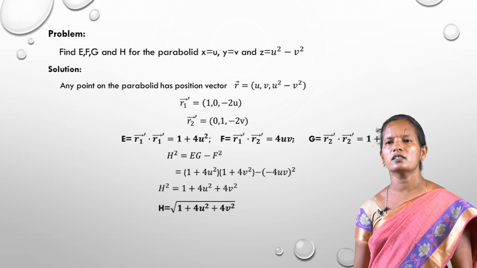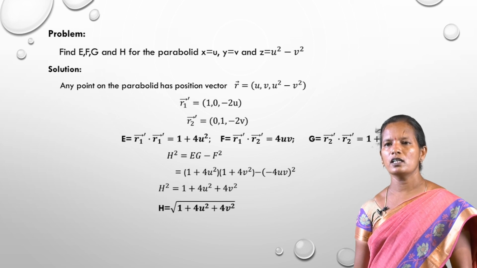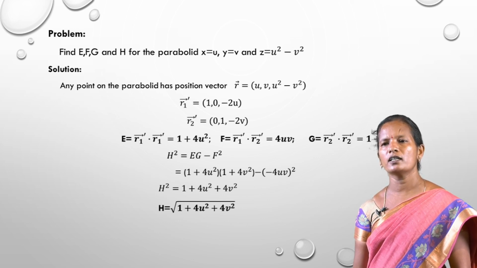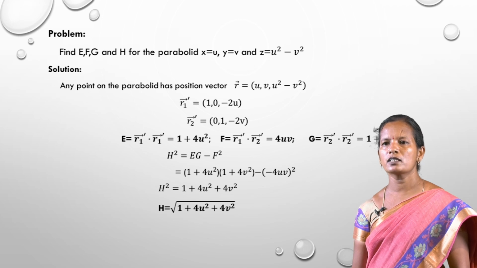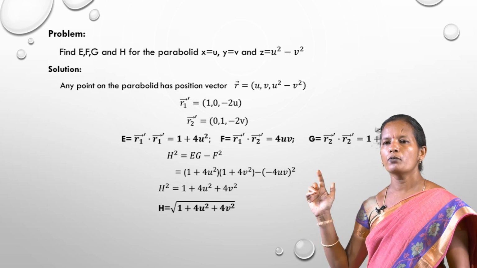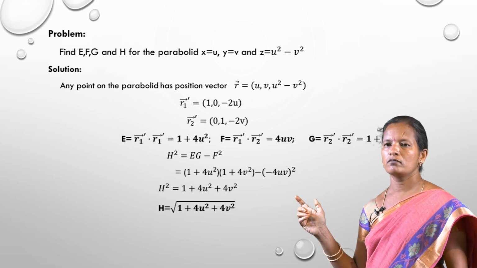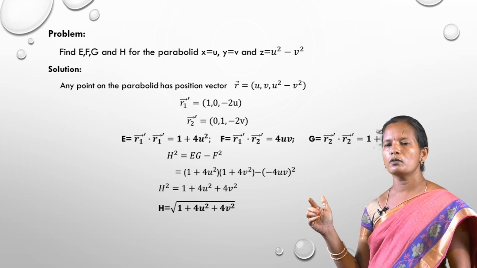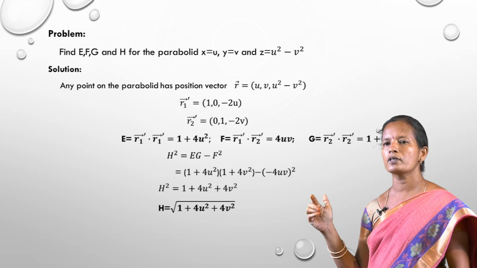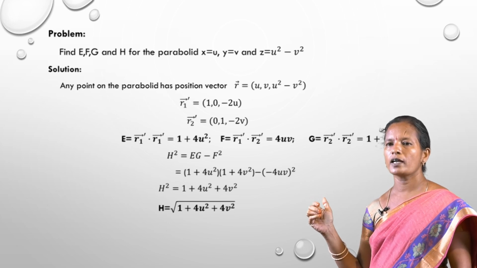The value for EG: E is 1 plus 4u squared, into G, which is 1 plus 4v squared, minus F squared, which is (minus 4uv) whole squared. So the answer: the value for H squared is 1 plus 4u squared plus 4v squared. Taking the square root, H is equal to the root of 1 plus 4u squared plus 4v squared. Thank you.